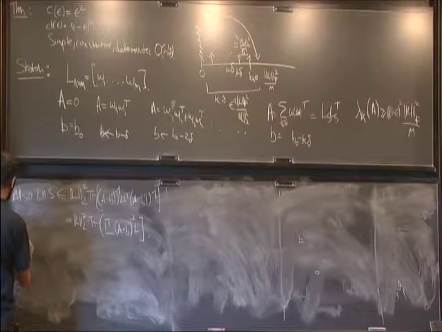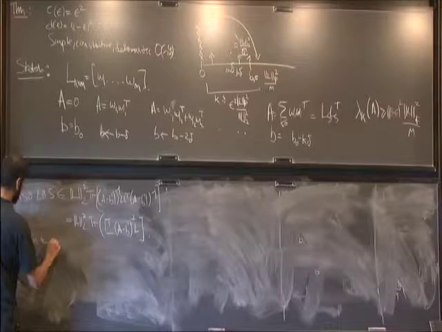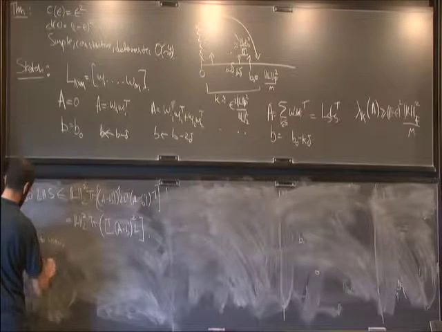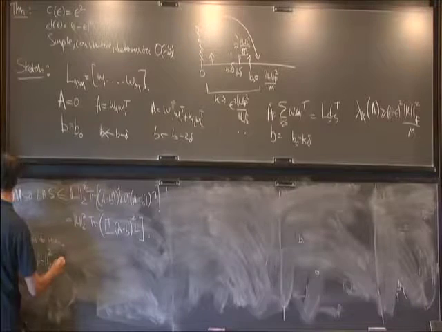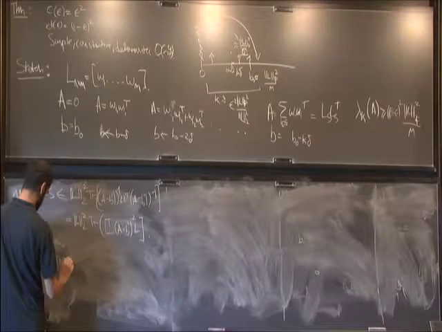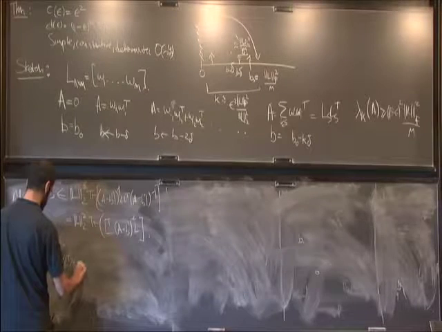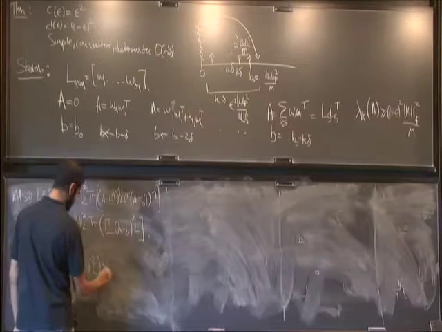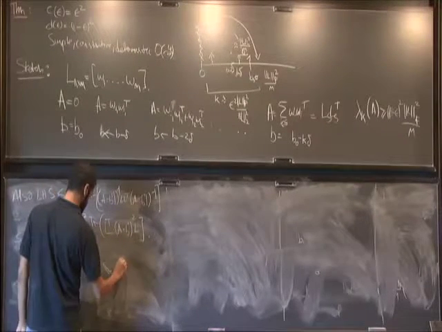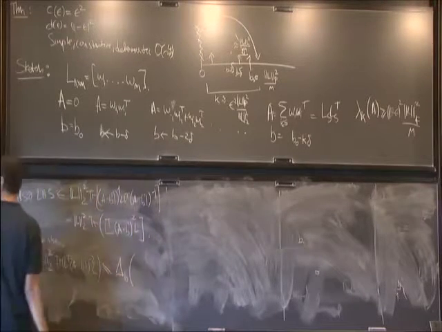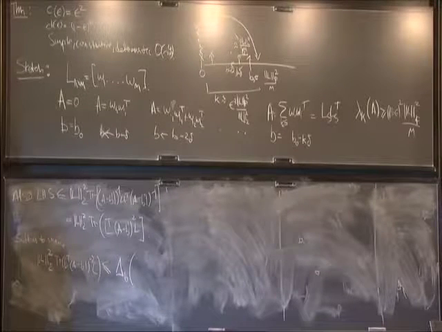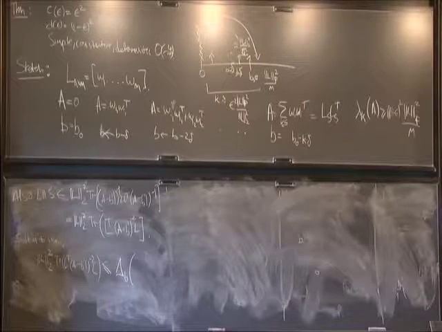So it suffices to show, just plugging these two observations into what I wanted to show, that this thing is at most delta B times minus m minus this thing, which is at most L squared of delta minus delta.